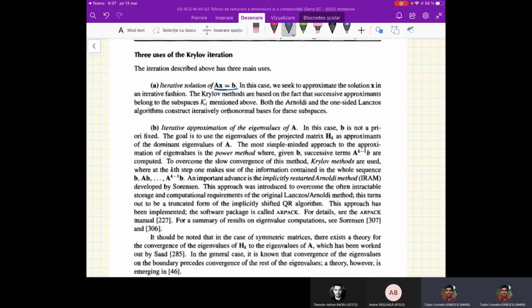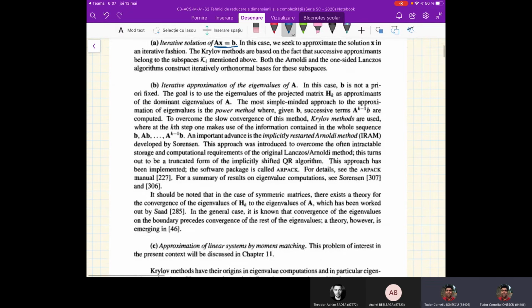Krylov methods are based on the fact that successive approximants belong to the subspace Ki mentioned above, the Krylov subspaces. Okay, and you have two algorithms that compute such a Krylov iteration, Arnoldi and the one-sided Lanczos algorithm, that construct orthonormal bases for these subspaces.